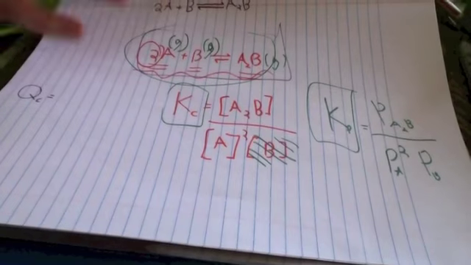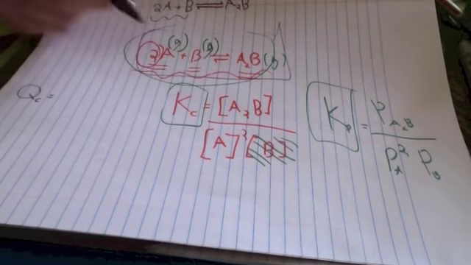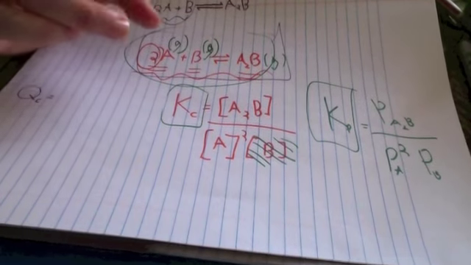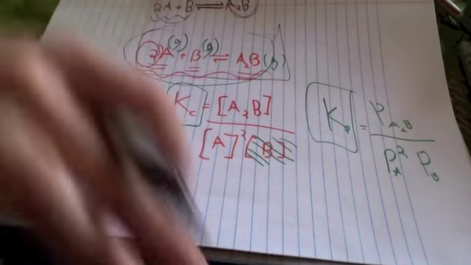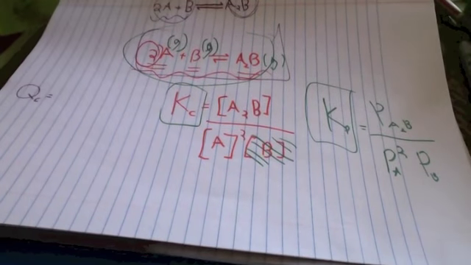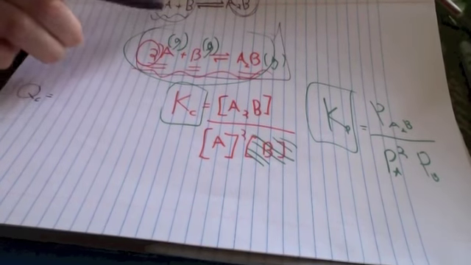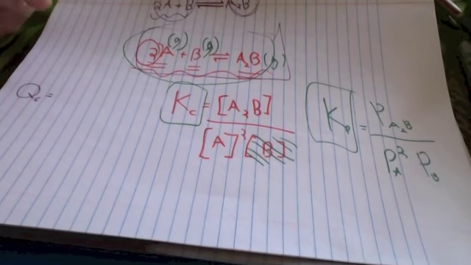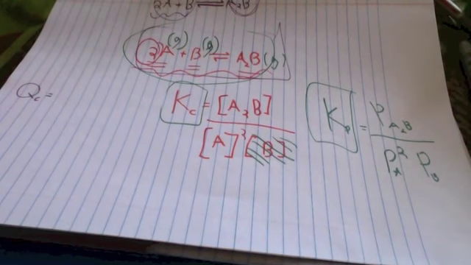So at some point in time, the rate at which the A and the B are combining will be equal to the rate at which the product is dissociating, okay? And at that point, is there a change occurring? Yeah, the reaction is still going, it's going in both directions, but I can't see any changes, right, because I'm at equilibrium, okay?